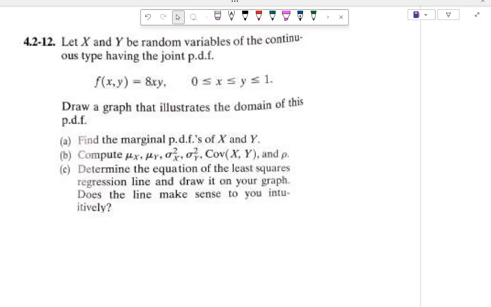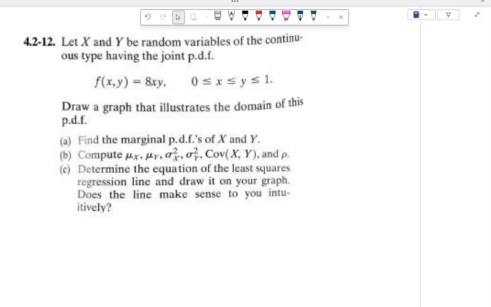Even though, again, remember I told you that part of being independent means that you can split your PDF into two pieces with just x and just y. You still have to have a rectangular region. It doesn't matter if I can see here that I can split it into just x and just y, right? There's multiple pieces that go to it.